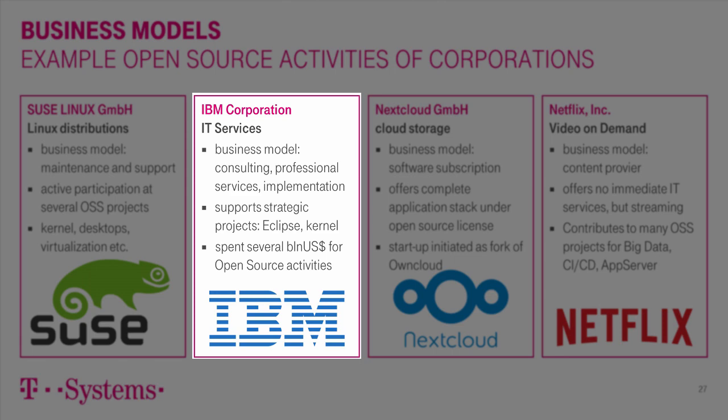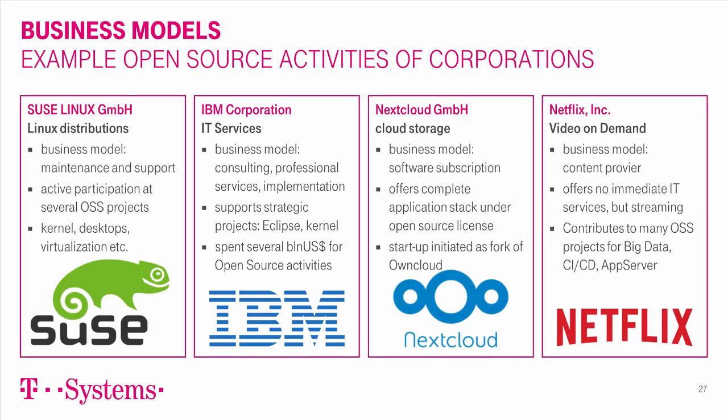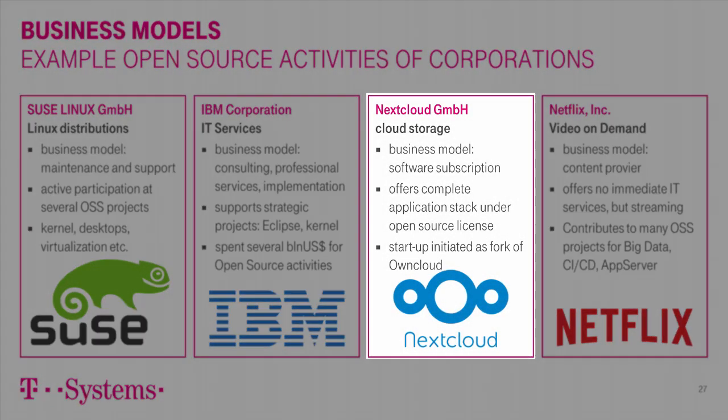The third example is a German company called Nextcloud. They have developed a software for cloud storage. Their business model is software subscription and providing support for that. Nextcloud offers its complete application stack under open source licenses.